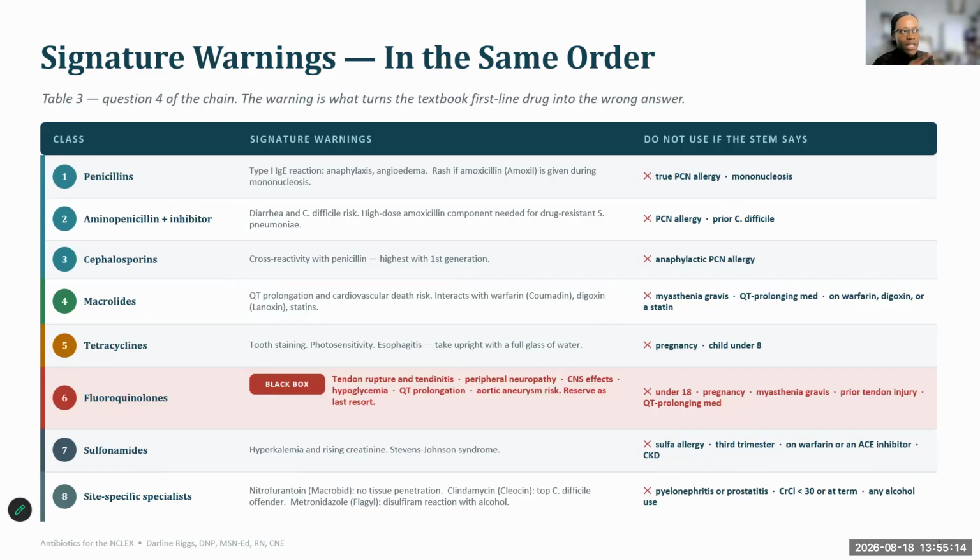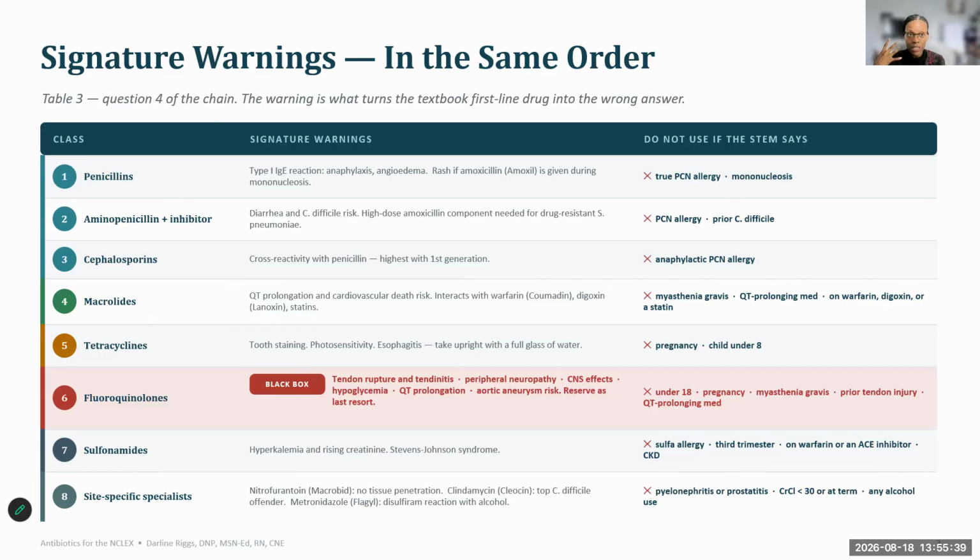Your metronidazole, Flagyl. We always educate, never take Flagyl with alcohol, right? You are at risk of disulfiram reaction with alcohol. So similar teaching that we give recovering alcoholics not to ingest any type of alcohol when they're on disulfiram, because it's just a horrible feeling.